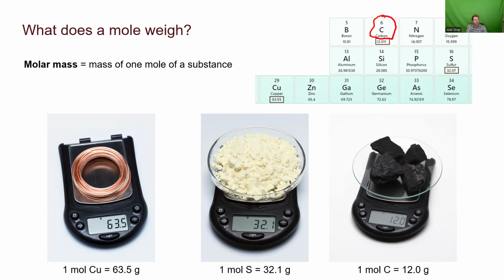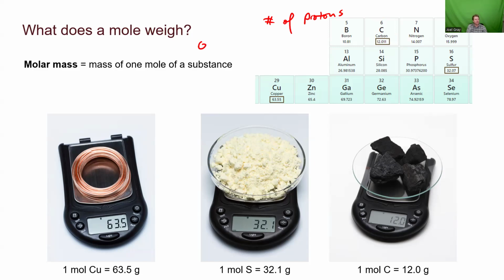It's also the number of protons in a carbon atom. Okay. Now, the other number underneath the C for carbon is 12.011. That is the mass of 1 mole of carbon.